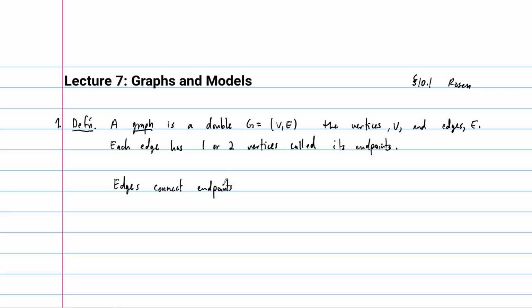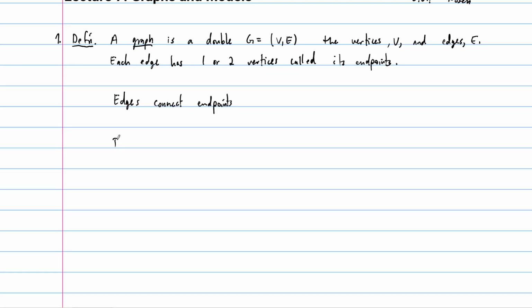So edges connect endpoints. There are a couple of other definitions that we want to make here. One of them is the following. So if the cardinality of V, of the vertex set, is equal to infinity, then we call G an infinite graph. And otherwise, it's going to be called a finite graph.